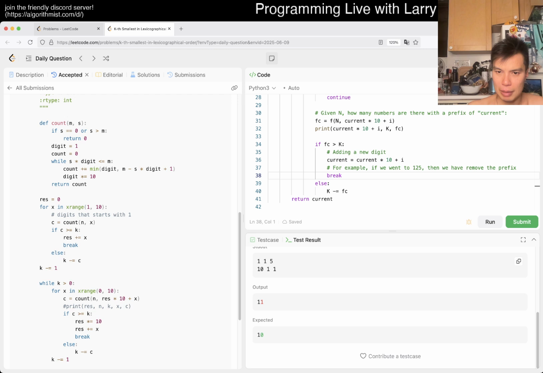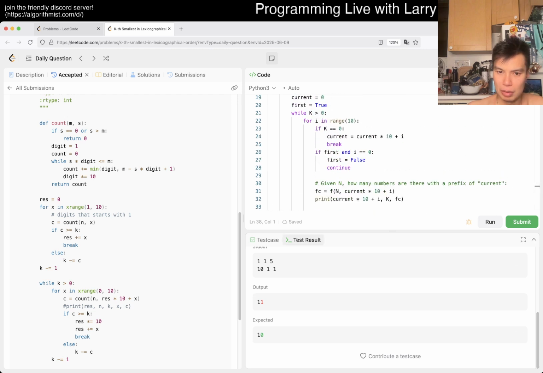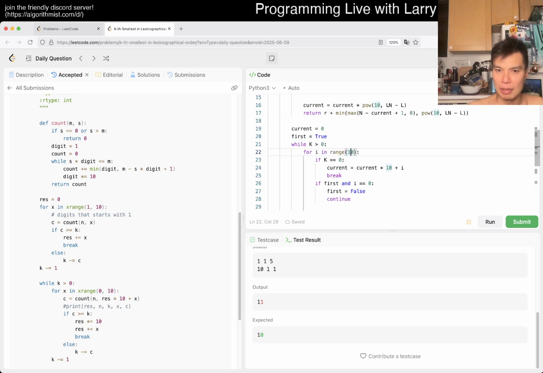Okay, maybe that's better. We have 1, 0. We removed this one, but I don't like the way that I handle this here either, to be honest. Maybe that's why, but because by the time it gets to 10, it should be 0, right? So then now if you add 1 digit, it goes to -1.